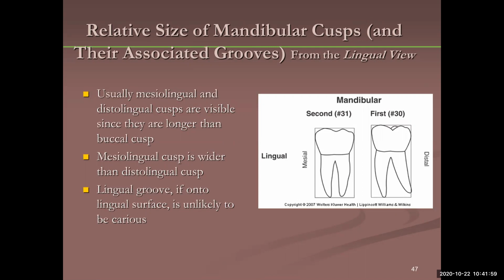The mesiolingual cusp is wider than the distal lingual cusp, and the lingual groove can go onto the lingual surface, but it is unlikely to be carious. So if you're going to be drawing a groove in, just make it a little shallow groove, okay? Because the buccal is going to be more caries prone on a mandibular molar than on a maxillary molar.